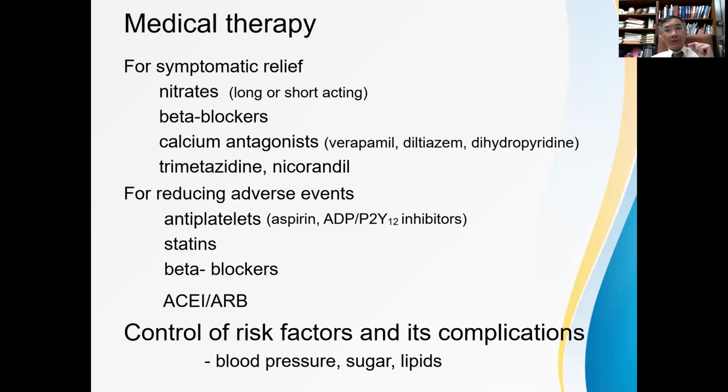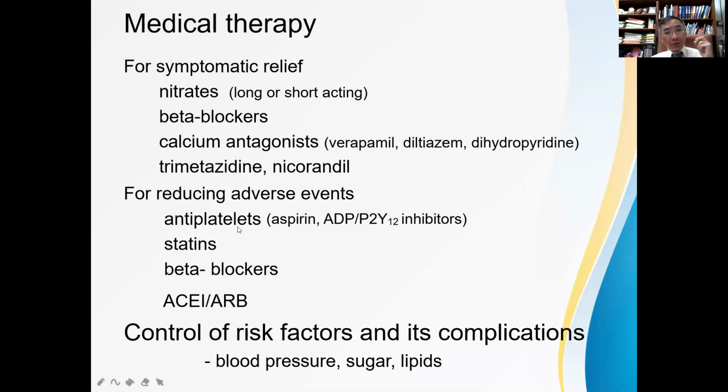Again, beta blockers have also been shown to reduce adverse events in patients with reduced systolic function or after they have had a heart attack, and for patients with reduced systolic function and after heart attack, ACE inhibitors and angiotensin receptor blockers can also reduce future events.